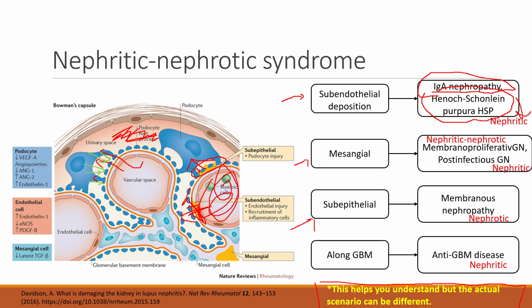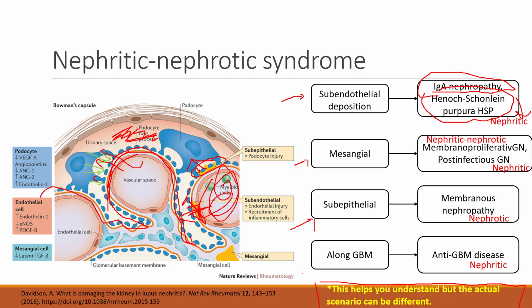And another explanation is that although there's damage on the subepithelial space, the glomerular basement membrane is still intact. So it's kind of like a barricade. It still helps to block the immune complex from going further into the vascular space to cause further damage.